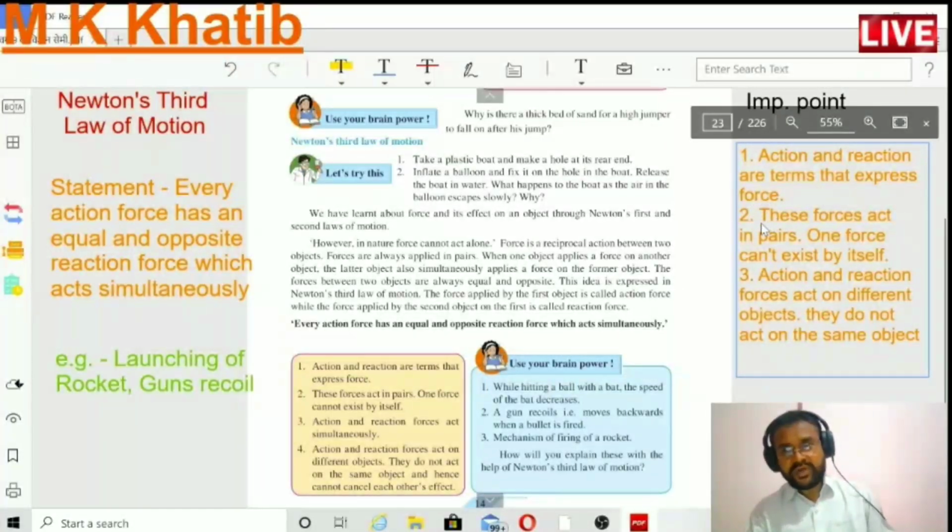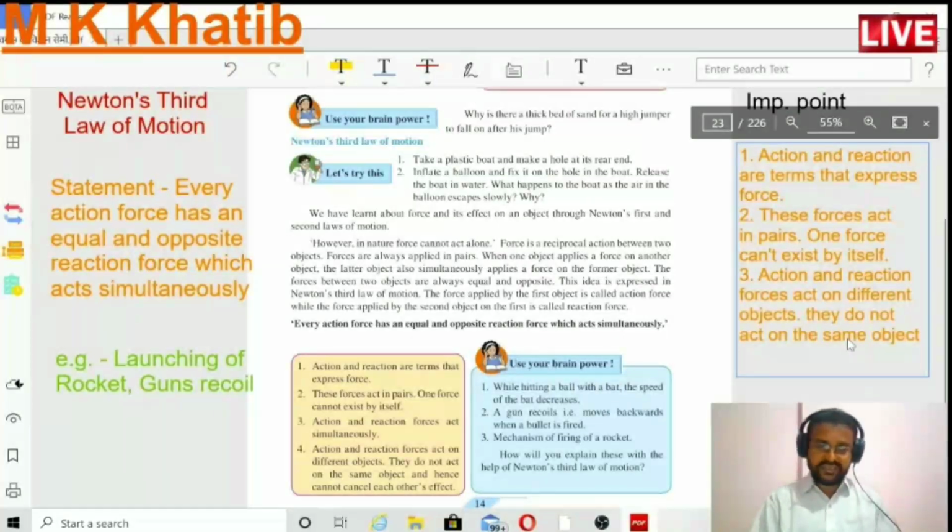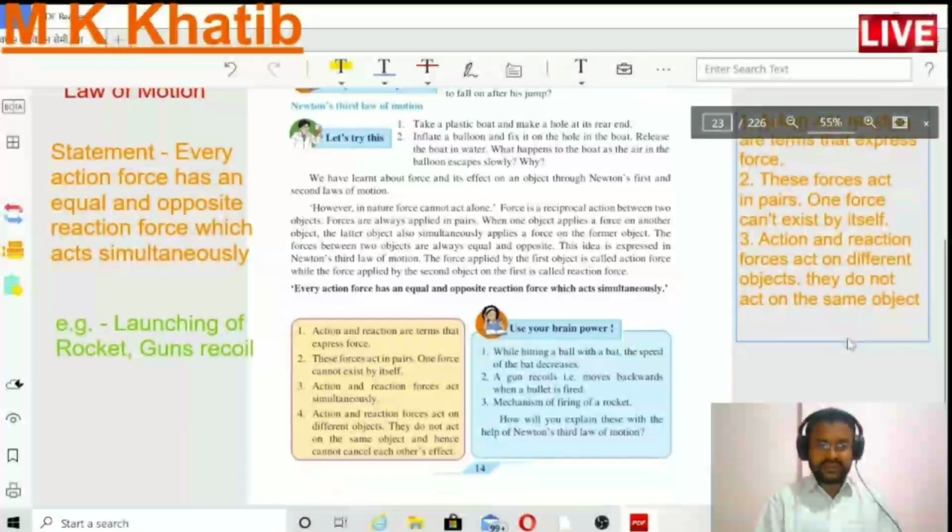The second important point is that these forces act in pairs. One force can't exist by itself. And the third, most important point, is that the action and reaction forces act on different objects. They do not act on the same object. In this way, Newton states his third law and its explanation.